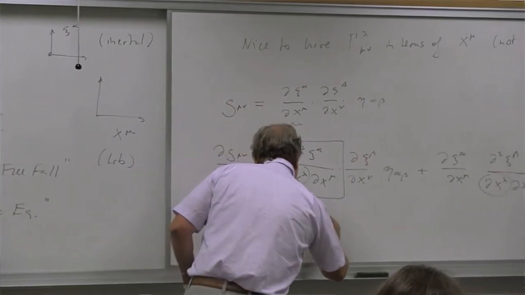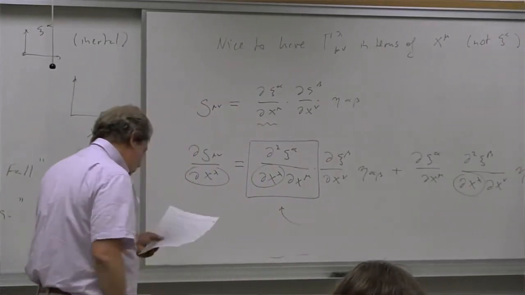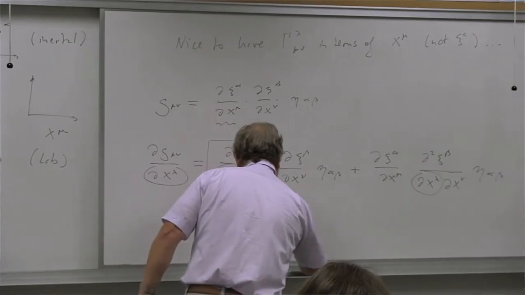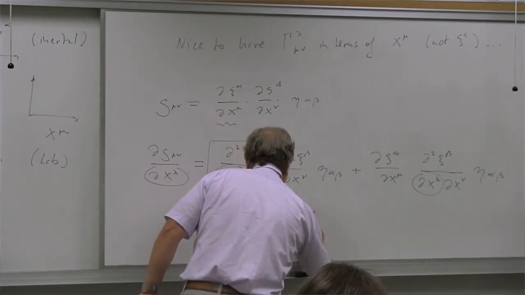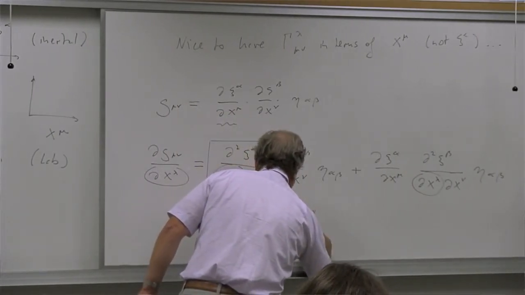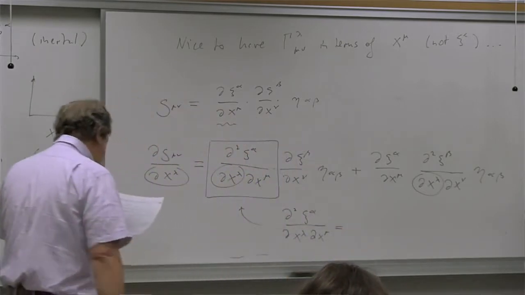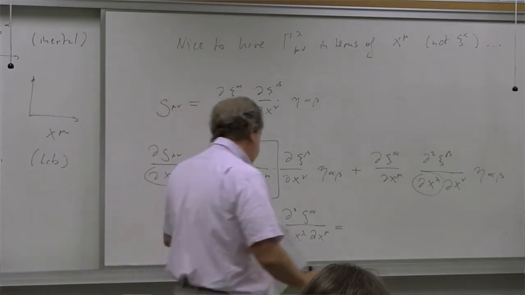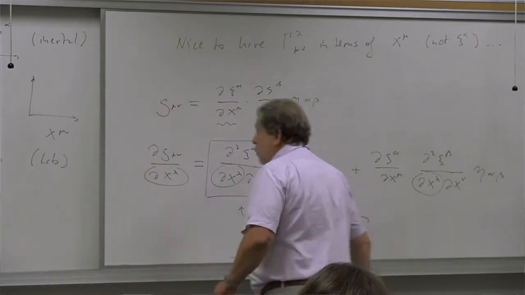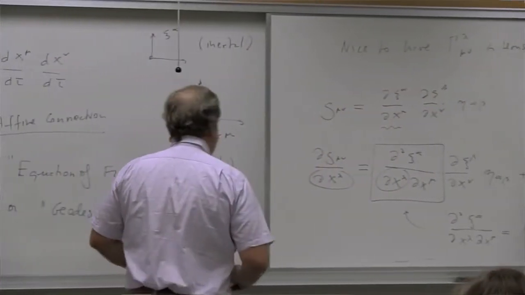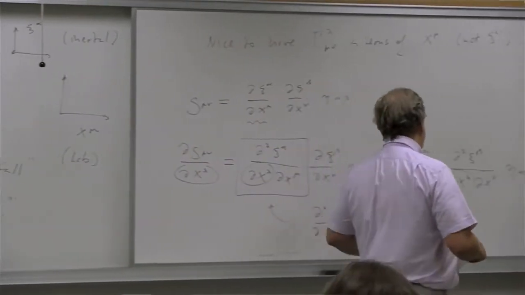So let me write it down here, right? That the second derivative of psi alpha with respect to x lambda and x mu is not going to be just the gamma, but is going to be equal to gamma. Now we also need to introduce one more index, because we can't use the indices we already have.